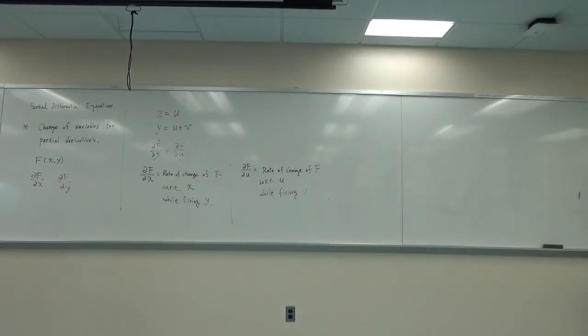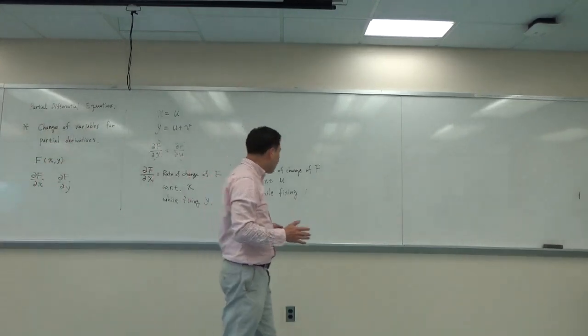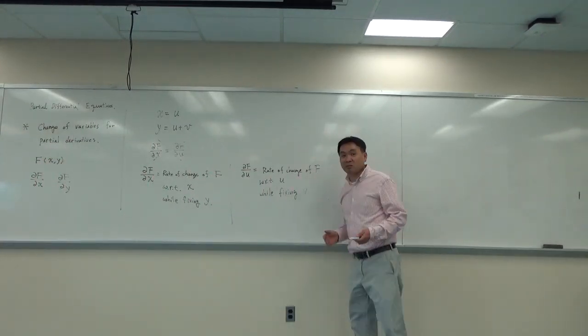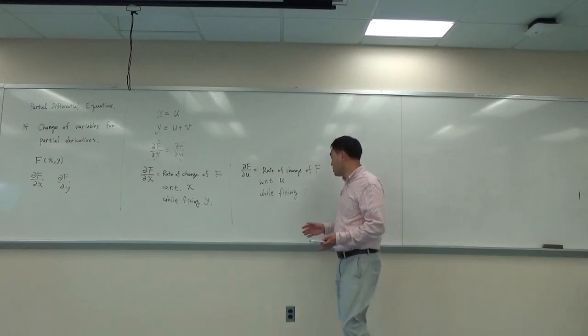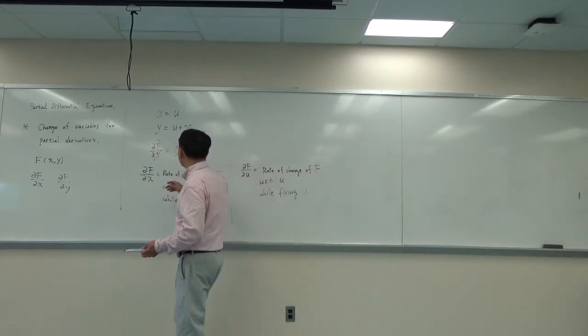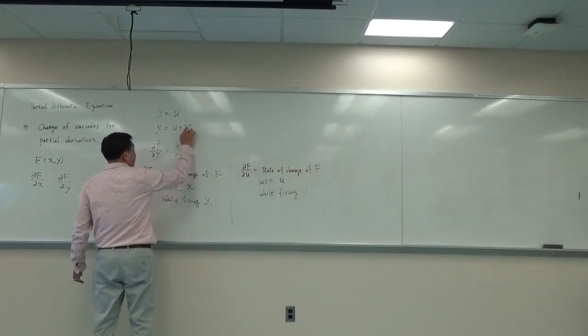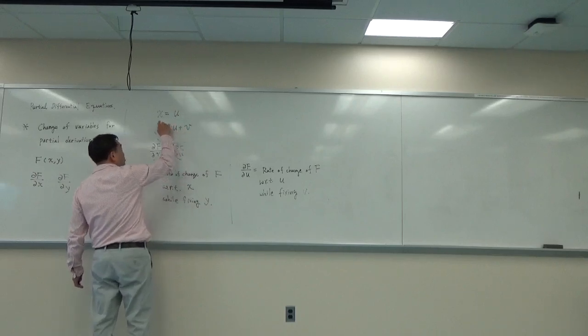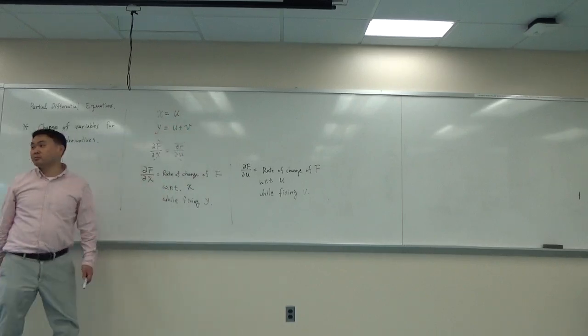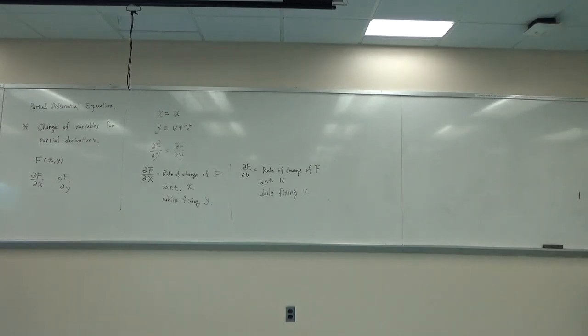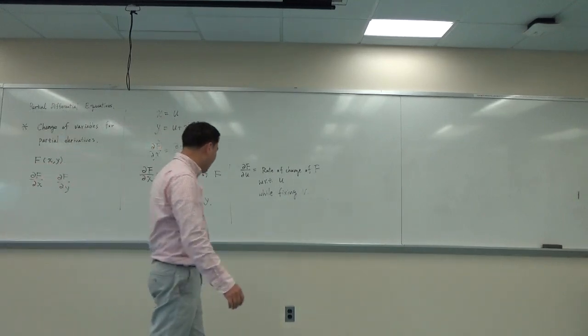And in that sense, when you say partial derivative of f with respect to u, you end up saying that you're fixing v. Now, you might think that fixing v and fixing y is the same thing, but it's not, right? Because if you fix v and you change u, you see that both x and y are changing. Agreed?